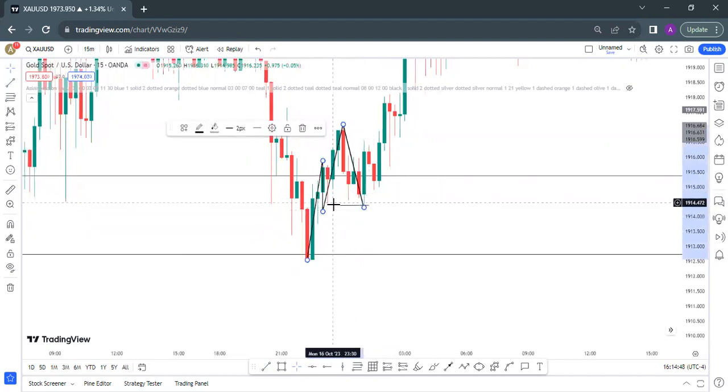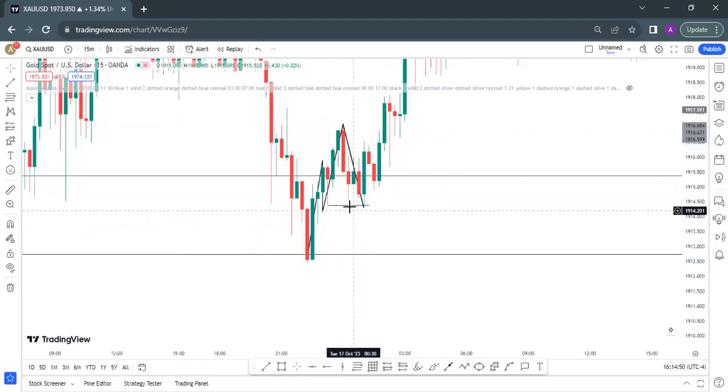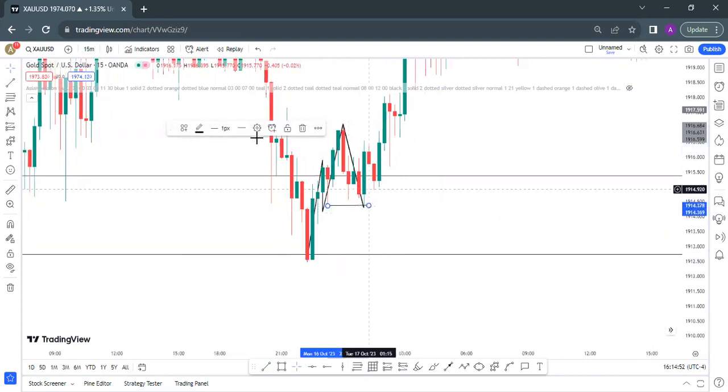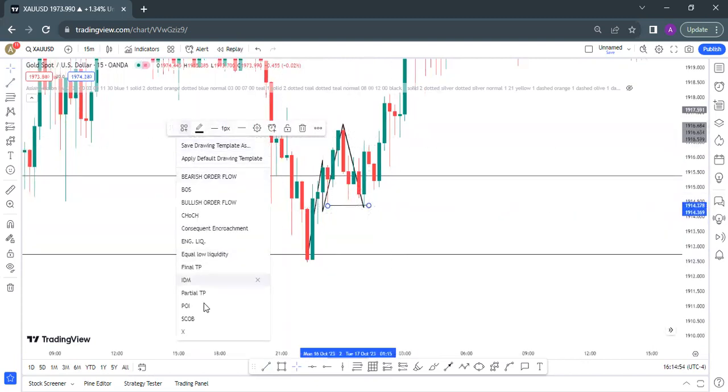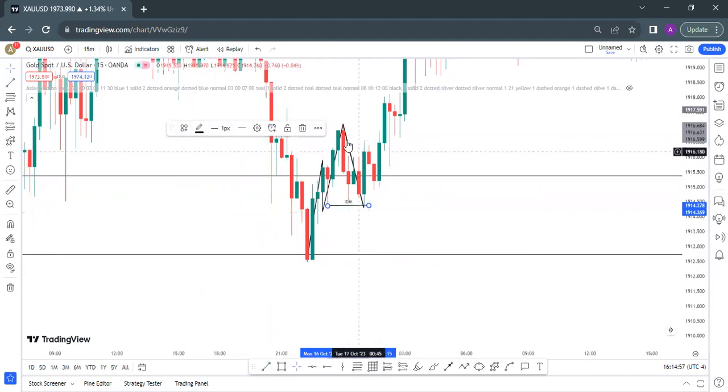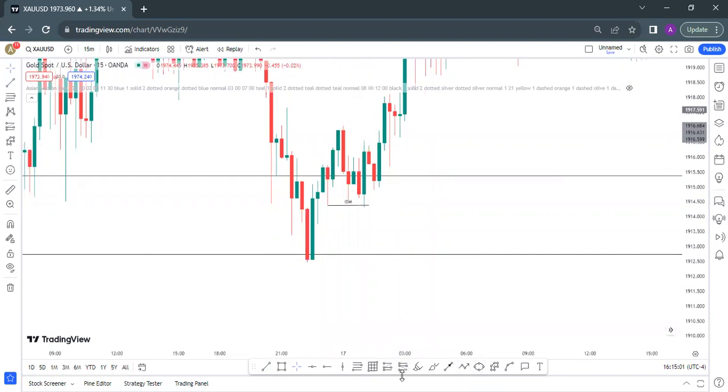So because it took this, we call this an IDM. Remember, this becomes what? An IDM. Now I can delete this. When that happened, we say this is a low and this is our confirmed high.